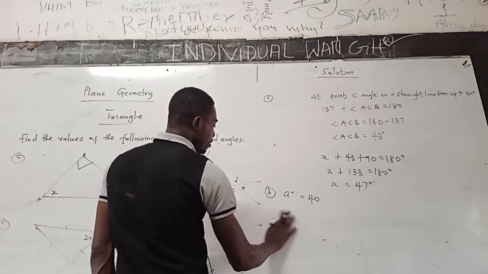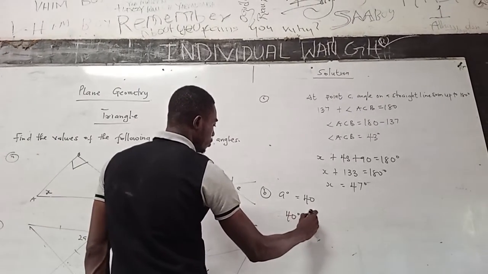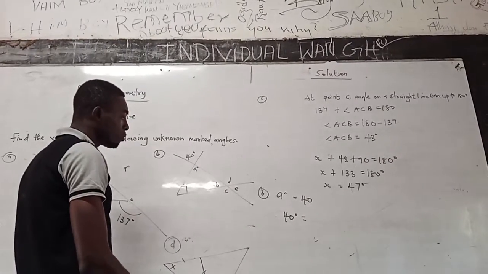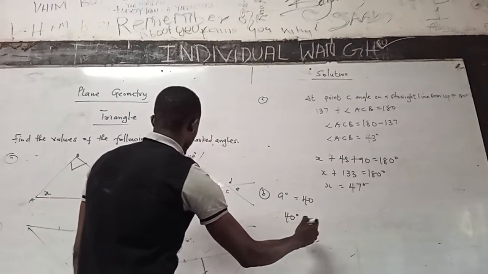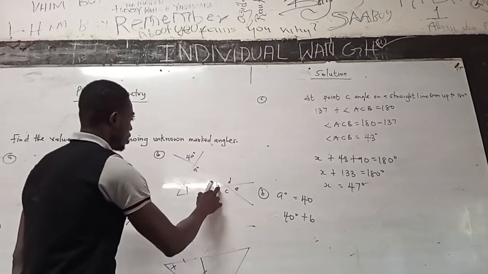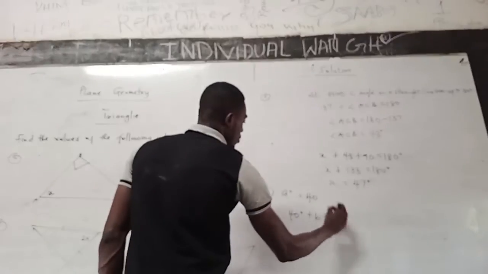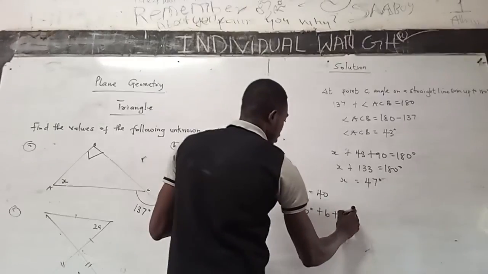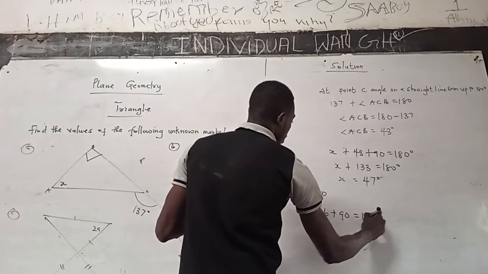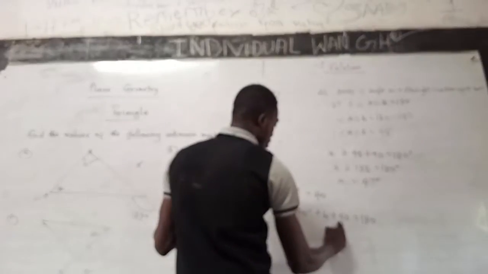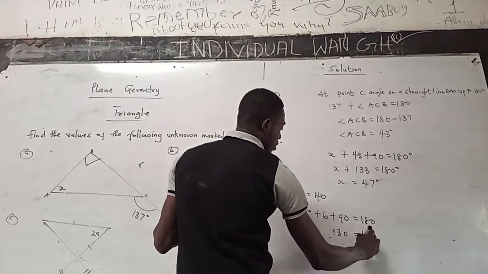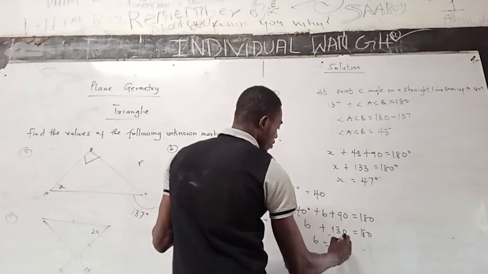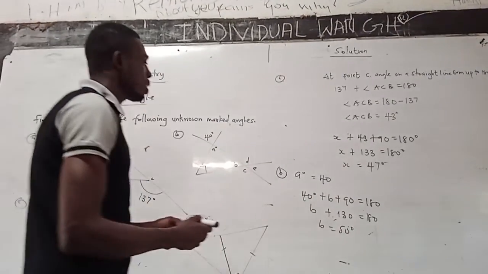We have 40 to be the A, plus the B, plus the 90 is equal to 180. You sum these two to get 130, and 180 minus that, the B is going to be 50. So angle B is 50.